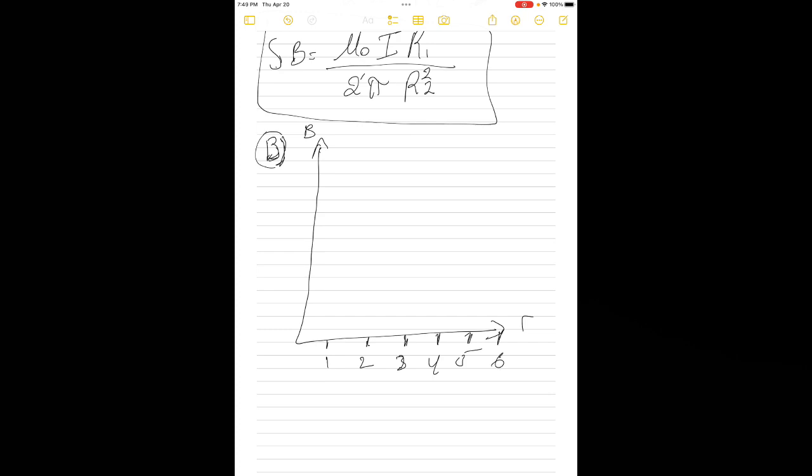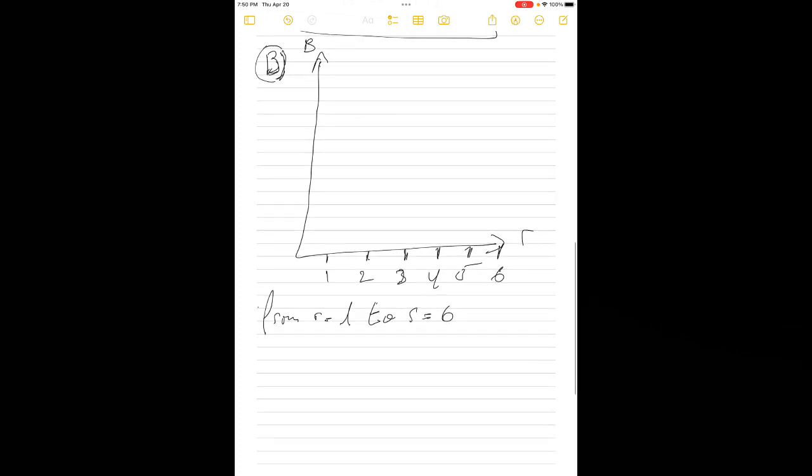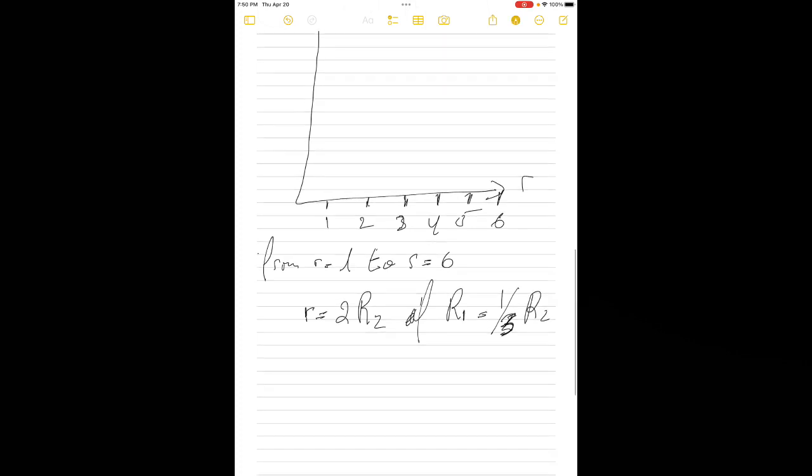So what I did is take R from 1 to 6, and we know that R1 equals 1/3 of R2.